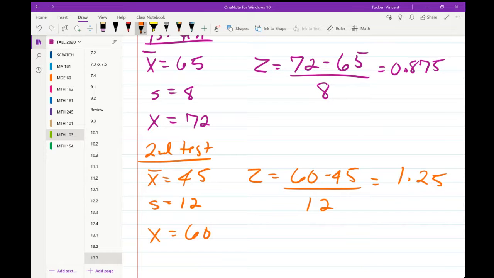In the second test, he scored a 60, but the average of the class was 45, and standard deviation was 12.